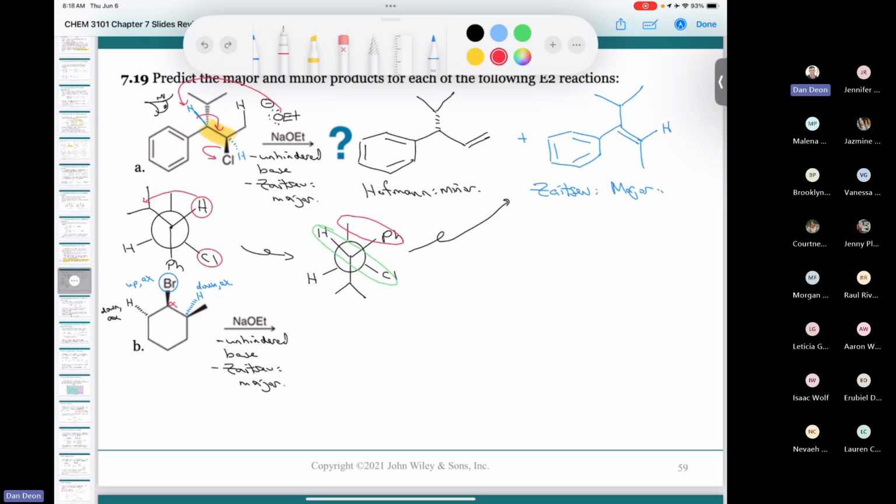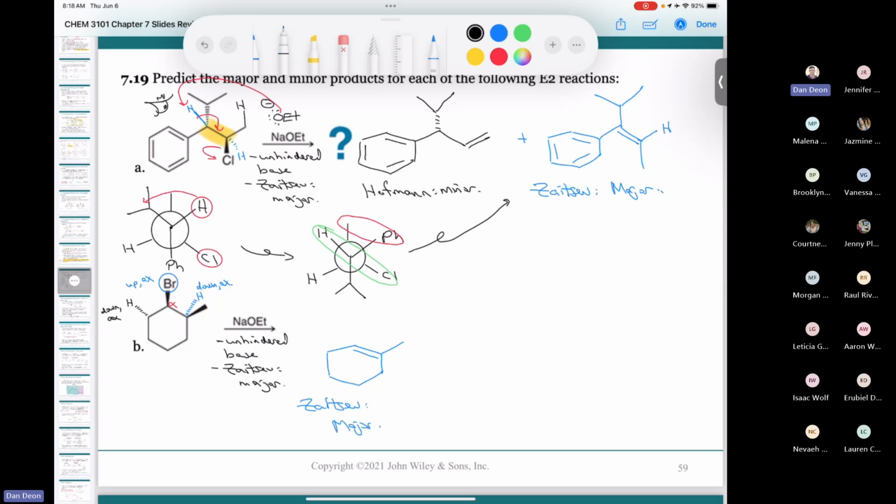So let's draw the product that would result from the abstraction of the blue proton. It would give you this. Once you abstract that blue proton, you end up with a double bond here. And so there's your methyl group. Remember, this carbon is now sp2 hybridized, so you don't have to draw dashes and wedges. This would be the Zaitsev product, which is the major product.